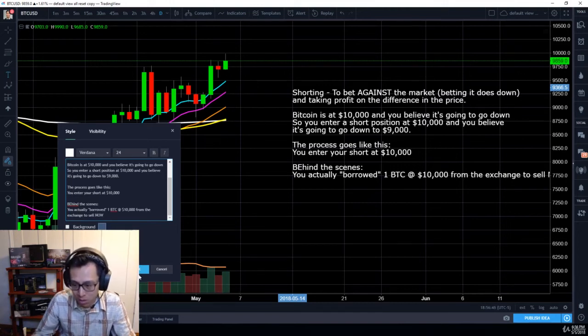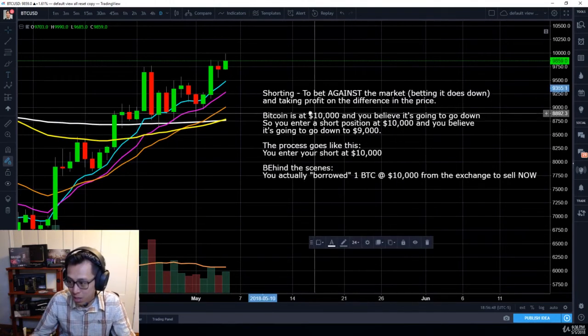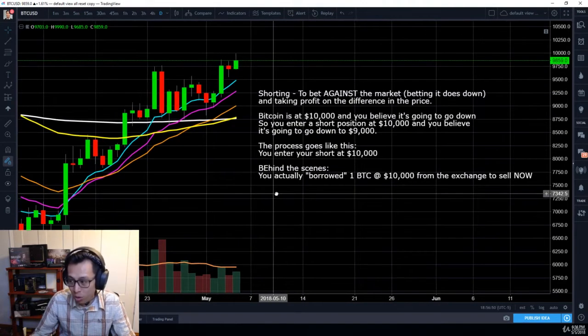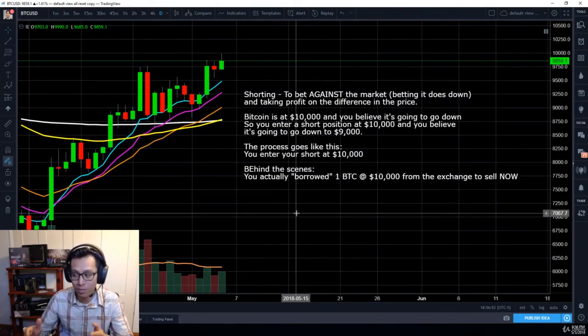Make sense? You're borrowing this in your margin account from someone such as myself who would contribute to the funding account there. So that's where a lot of the money comes from. It's not just from leveraging, it's also from shorting the market.